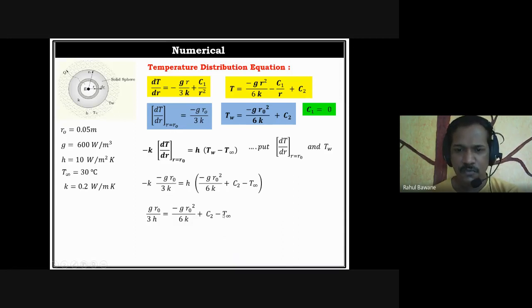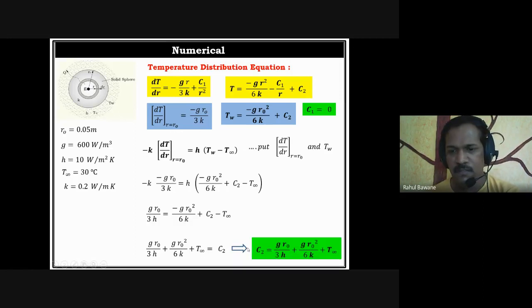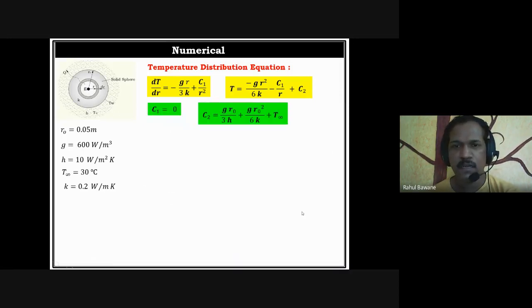So we have to shift the other terms to the second side, so we get such an arrangement where everything is shifted to the second side and on one side we kept only C2. So our C2 value becomes G ro upon 3H plus ro square upon 6K plus T infinity. Now we have C1 as well as C2, so we will replace these two values in the temperature distribution equation.